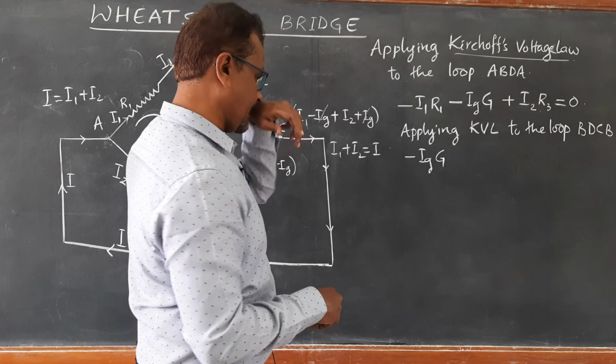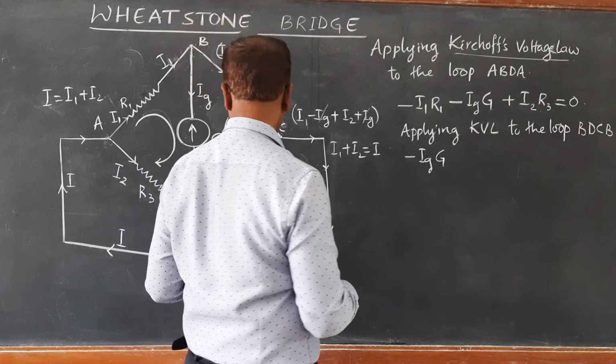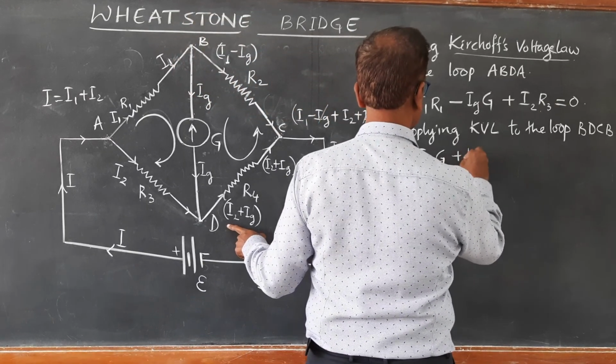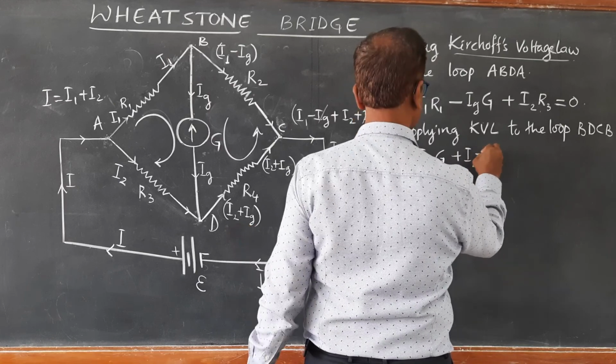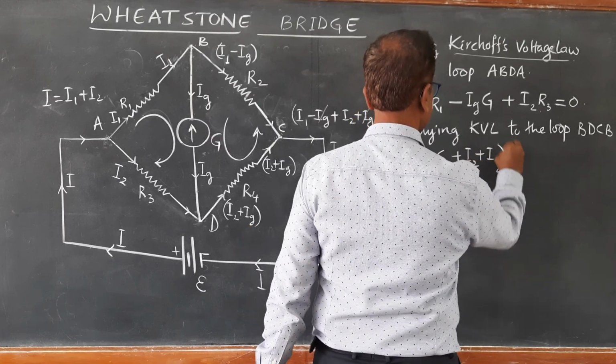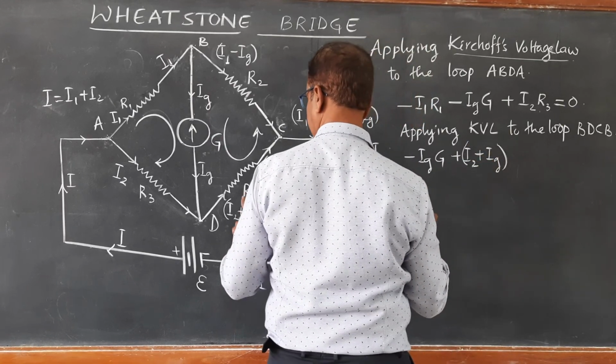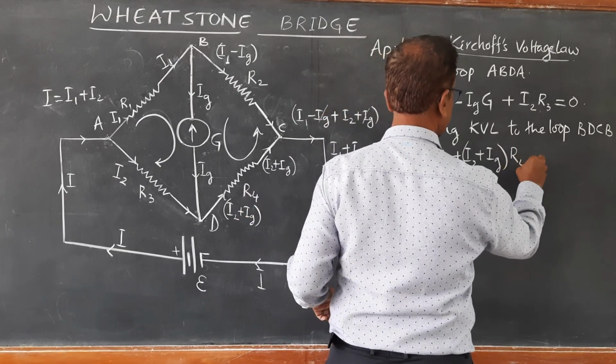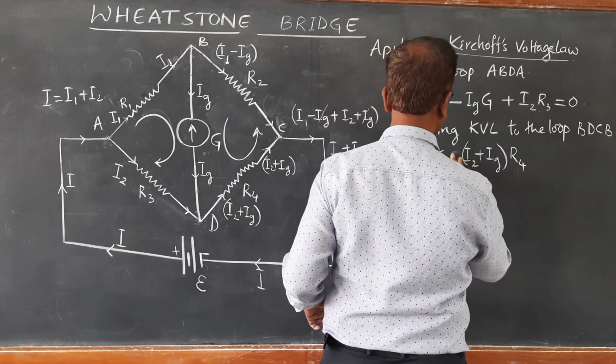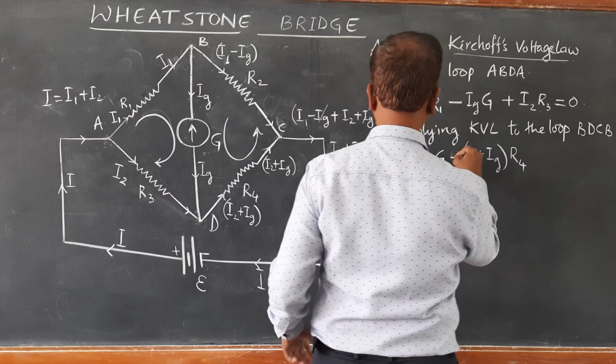From D to C again there is a decrease in potential. So it becomes I2 plus IG into R4. So here it is decreased, therefore we have to take negative.